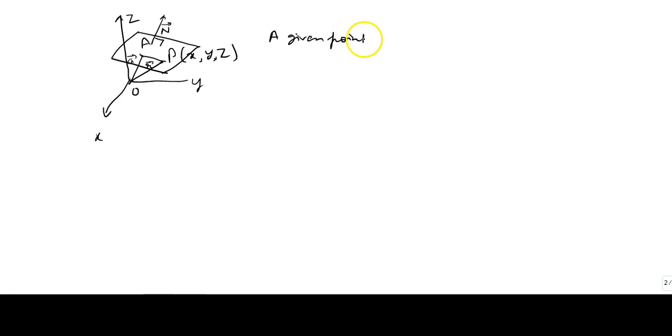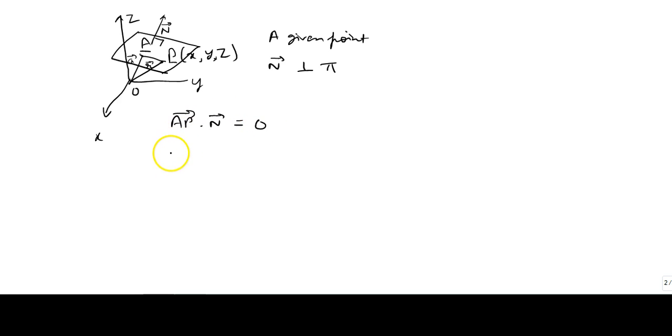This will be given to you, and n vector is perpendicular to the plane. Say the plane is pi, so I'll write n is perpendicular to pi. Now if you see this AP vector, it is going to be perpendicular to n cap. So AP vector dot n cap should be equal to 0.